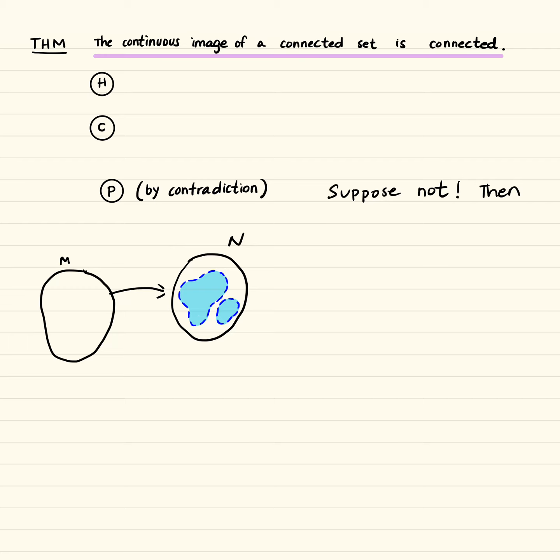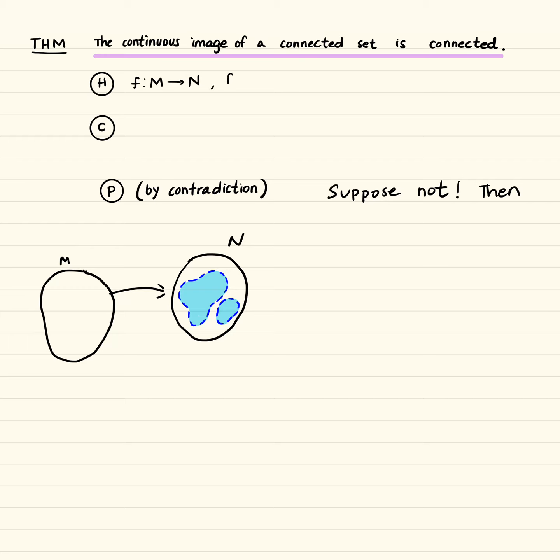So if we're about to prove this, what would be our hypothesis? What would be our claim? Well, a reasonable hypothesis would be you have a continuous function. So let's just say here we've got f going from m to n, where m and n are metric spaces.